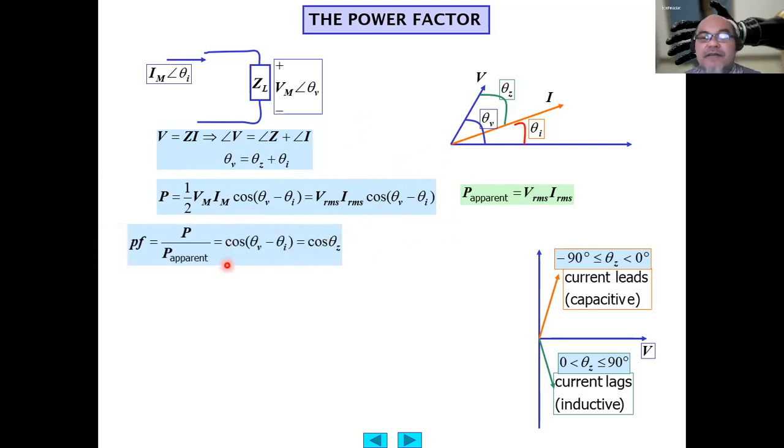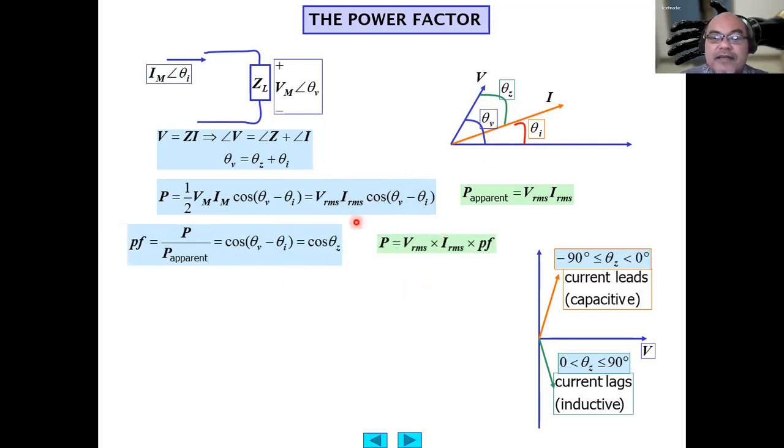The power factor here is the actual power divided by the apparent power, which equals cosine of theta V minus theta I, or cosine theta Z, since theta V minus theta I equals the phase angle of the impedance.